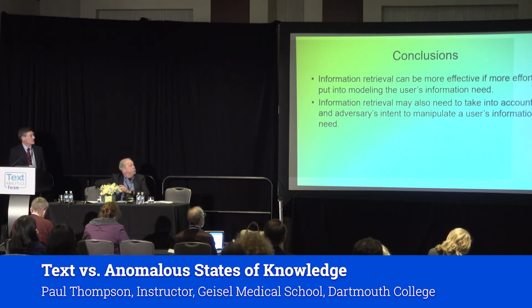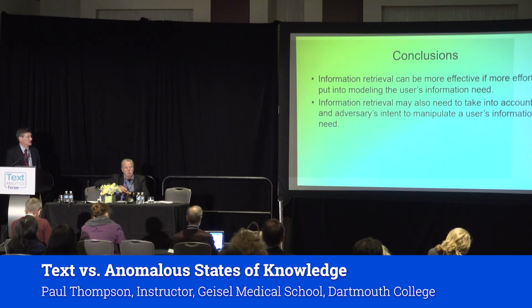And so, in conclusion, information retrieval can be more effective if more effort is put into modeling the user's information need as opposed to just analyzing the text. So you don't just do a web query and return the top 10 million documents in response to the 1 or 2 word user query.